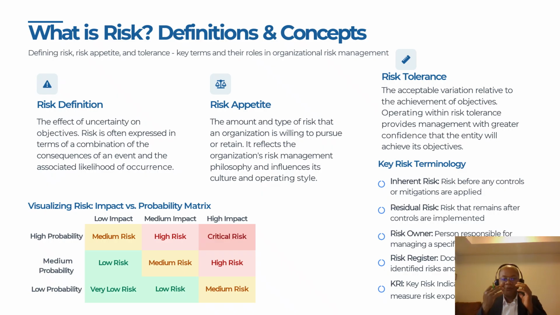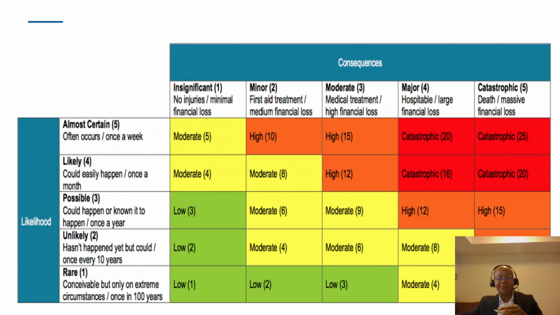So, to be able to visualize the magnitude of a particular risk event, it becomes important to use some quantitative methodology to estimate the magnitude of the risk. And that's why this chart becomes important. It will become clearer when we go to the next slide, as we can see here.